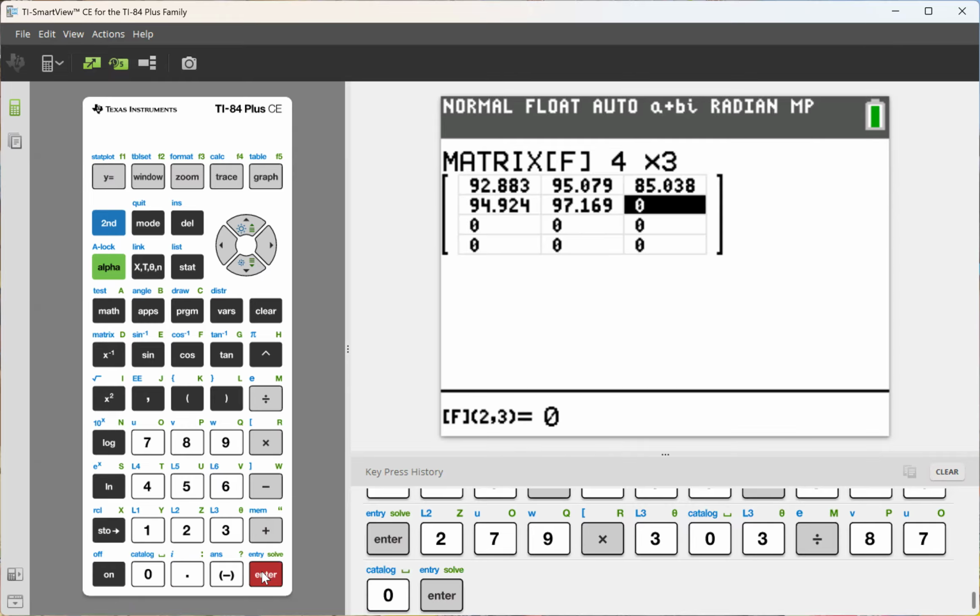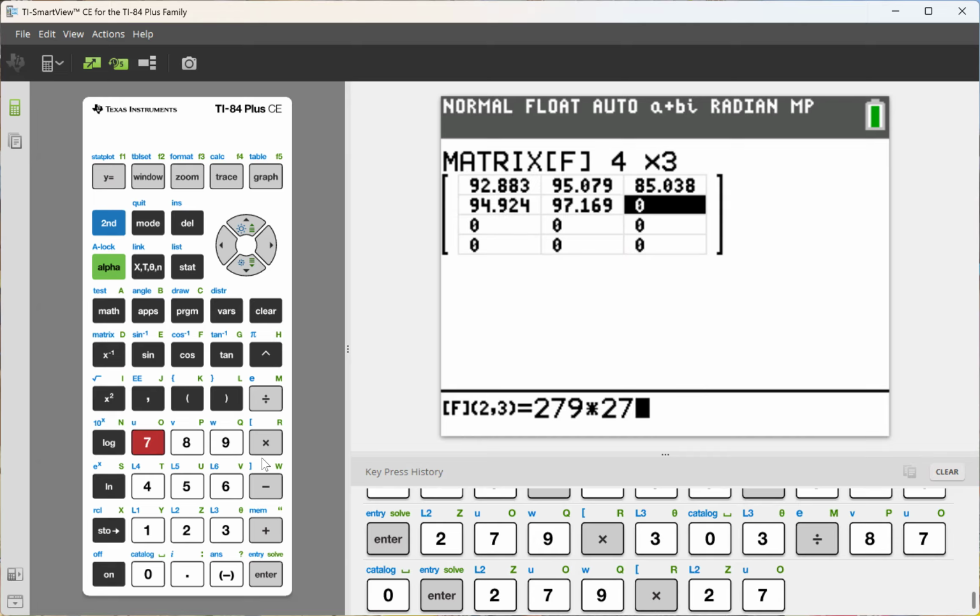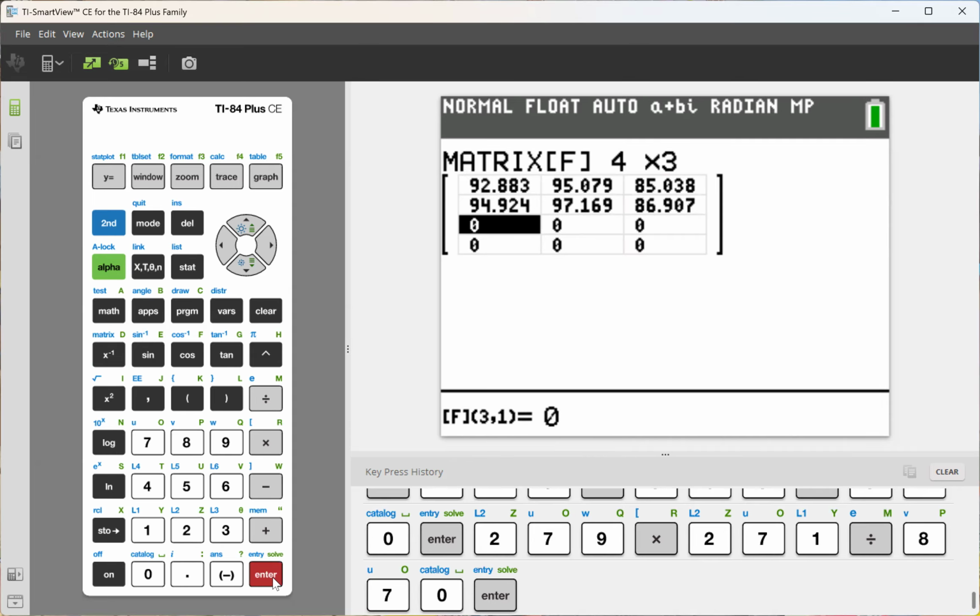The next element, the row total is 279. The column total for couple was 271. We're dividing that by the total, 870.